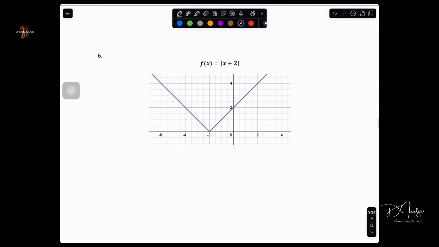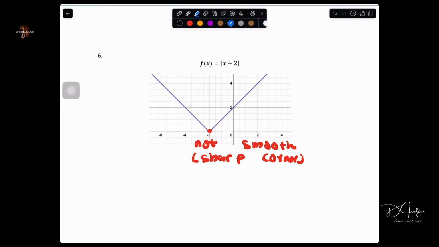Here's another function that has a corner here. This is where it's not smooth. You have a sharp corner. And it happens here where the value of x is actually negative 2.